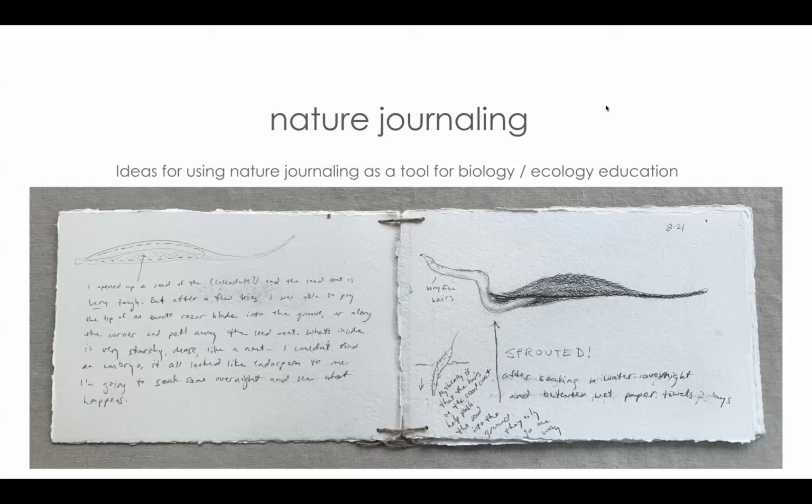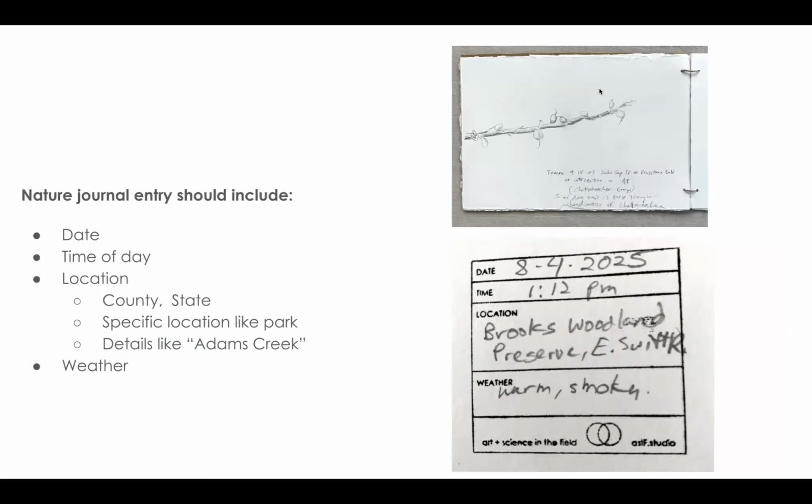These are just some ideas to throw out as alternative ways to think about nature journals. We've all probably used them for teaching and various things. I don't need to be telling this to this group of people, but it's really helpful for nature journals to have a little label in them, to ask your students to keep at least the date and the location, and then other notes.